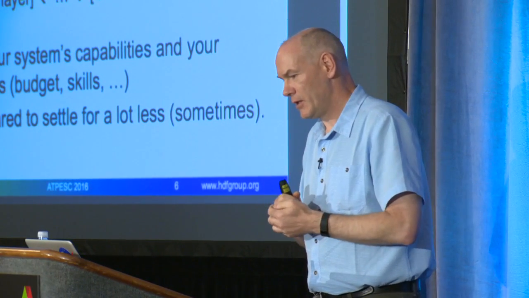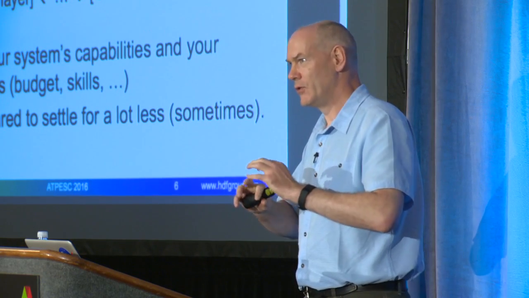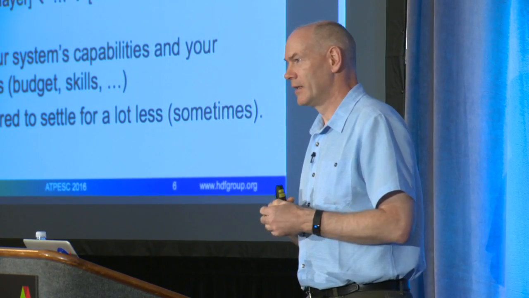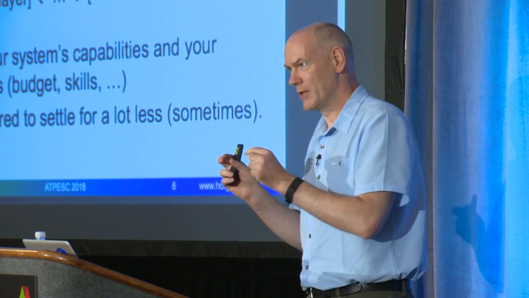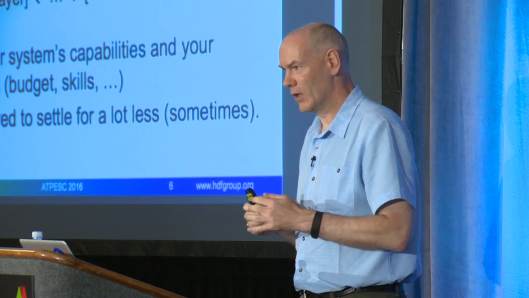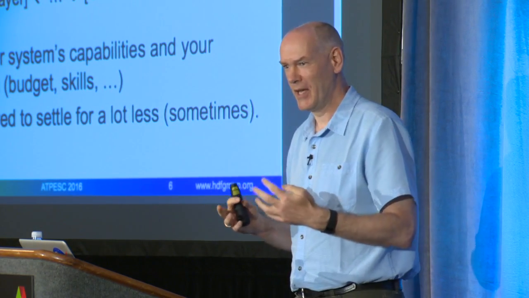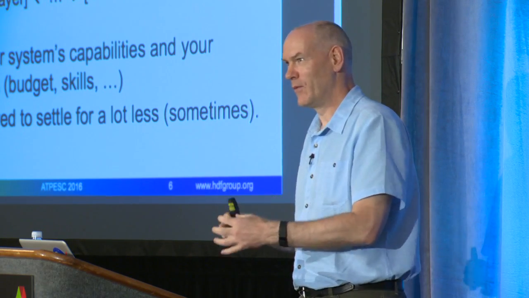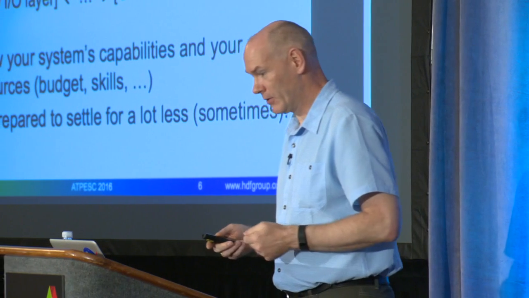And of course, you have to be prepared to settle for a lot less, because even if you do all these other things right, there is still something special about your application or this particular feature in the software or the hardware that you just can't overcome. But identifying it and coming up with rational explanations why this is to blame for not getting 100%, but 80%, is still a good thing.